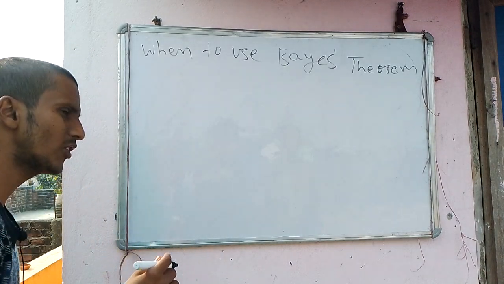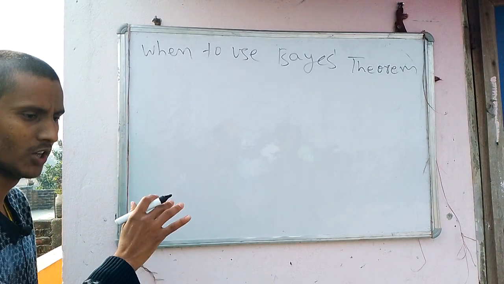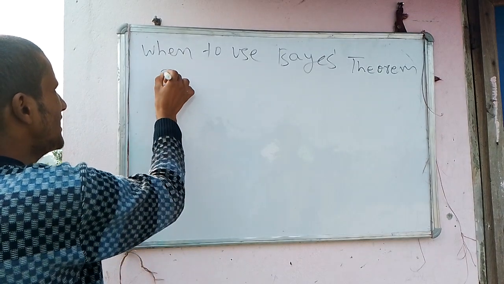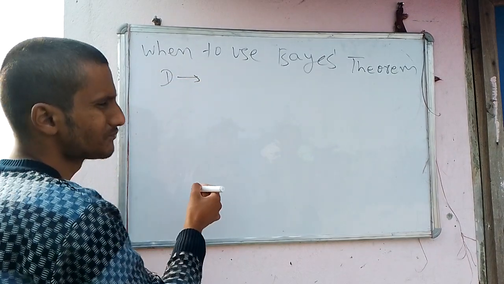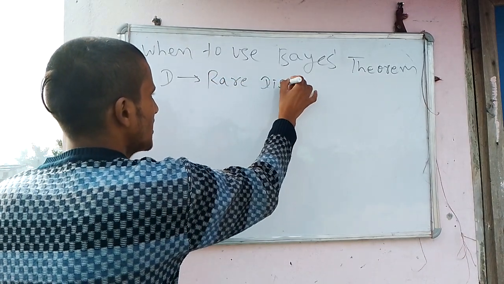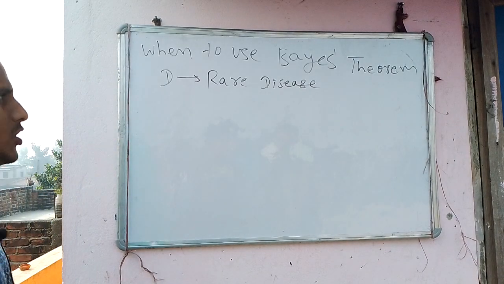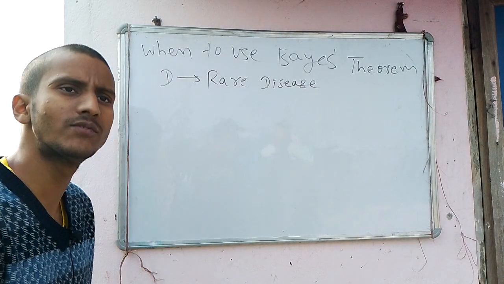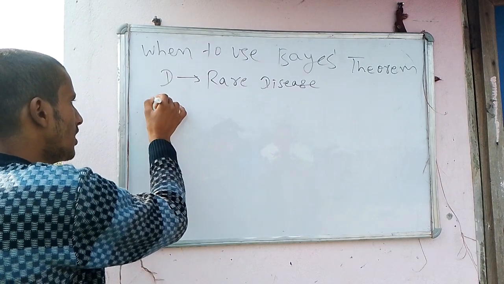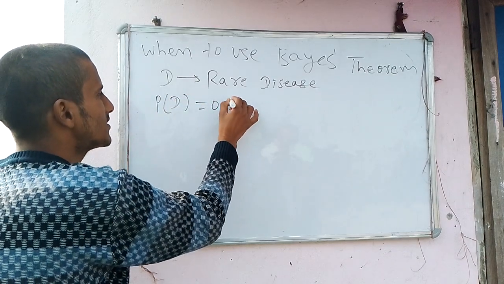First of all, let's start with a hypothetical question. There is a rare disease, and let's say we denote D for that rare disease. You are skeptical that you might have that rare disease, and the probability of you having that disease initially is 0.5%.